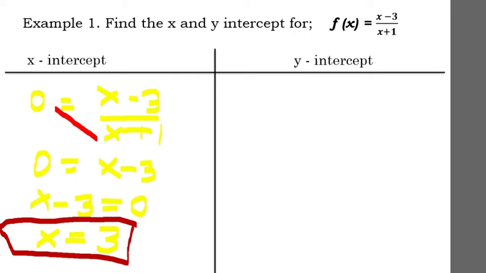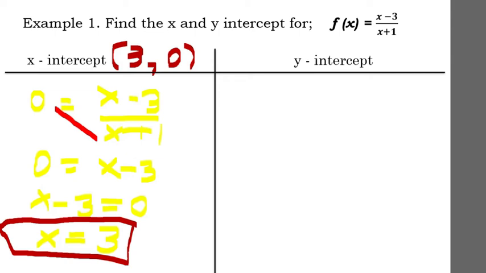So what would be the x-intercept? The x-intercept is an ordered pair with x, which is 3, comma, and y, which is 0. So the x-intercept of the function is at 3, 0.